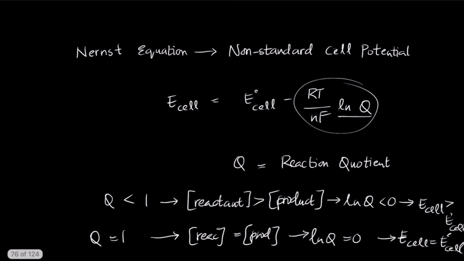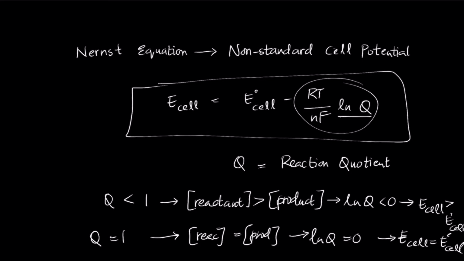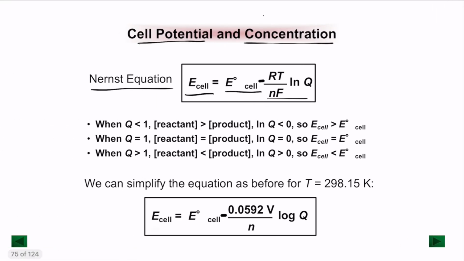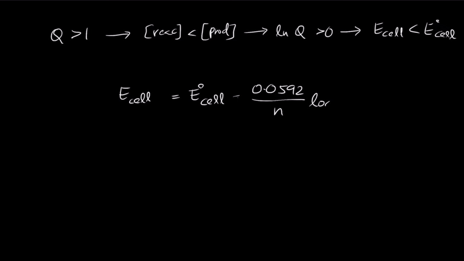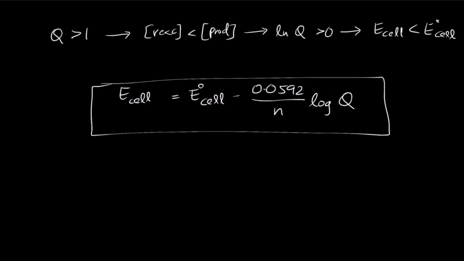Now to simplify the Nernst equation, we write down the constants and the temperature and write a simpler equation, which uses a log value rather than ln value. It can be written as E of the cell equals the standard cell potential minus 0.0592 by N log Q. Remember that both equations are correct; we are only changing it so that we can write the equation in a comfortable form.